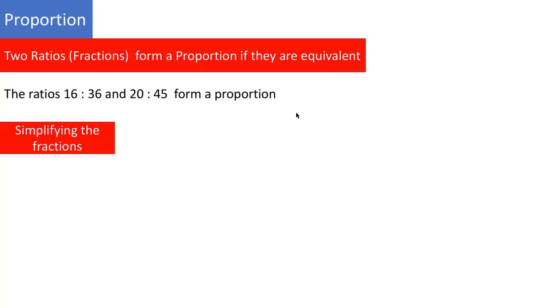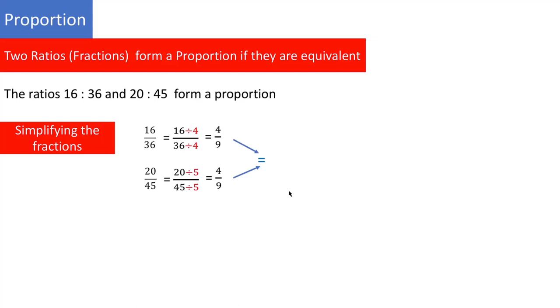The first way is to simplify the fractions. If you simplify 16 over 36, you get 4 over 9. And if you simplify 20 over 45, you get 4 over 9, and both are equal, so they form a proportion.